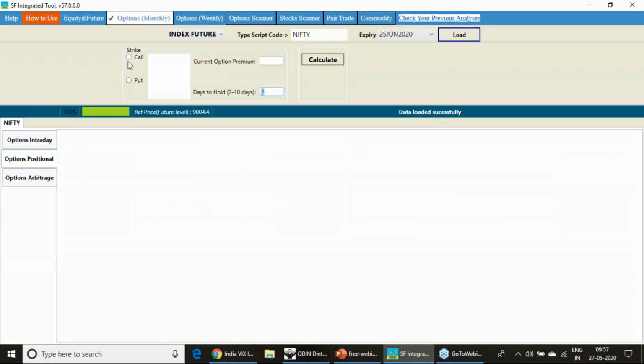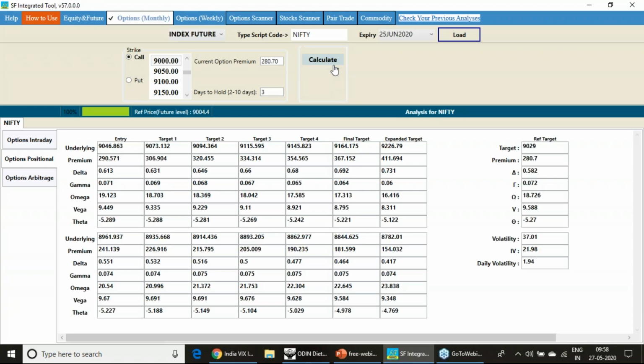Positional options: if you wish to do positional options, suppose I want to buy the 9,000 call option and hold it for a 3 day period, what should the premium be? Currently it is in the 280 rupees range, and it is suggesting I buy at 290 and keep a stop loss at 241, and we are calculating only from the buying point of view.